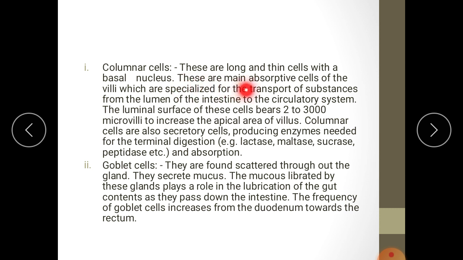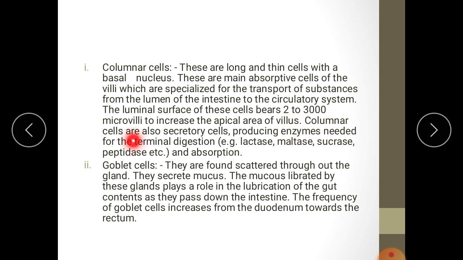These are the main absorptive cells of the villi, which are specialized for the transport of substances from the lumen of the intestine to the circulatory system. The luminal surface of these cells bears 2 to 3000 microvilli to increase the apical area of the villus.